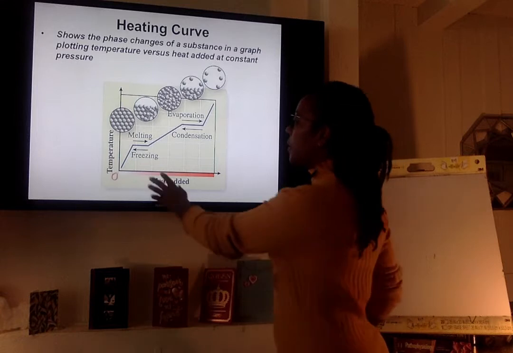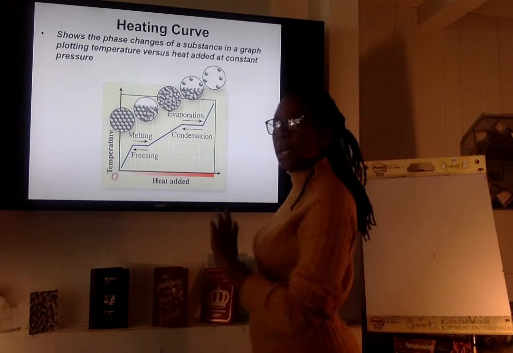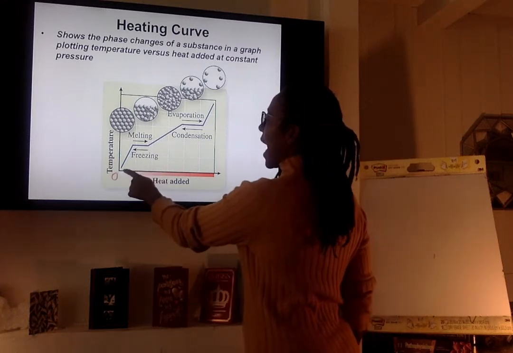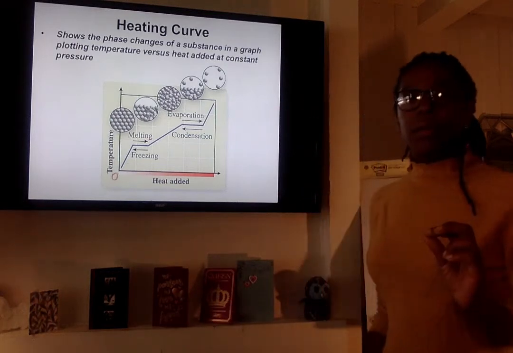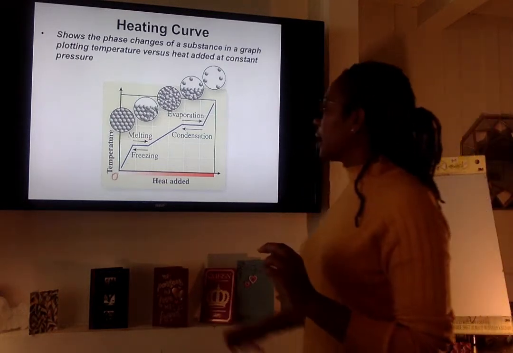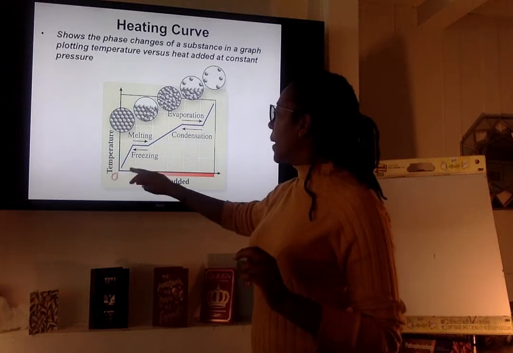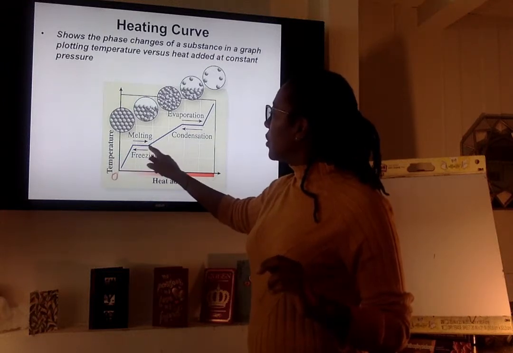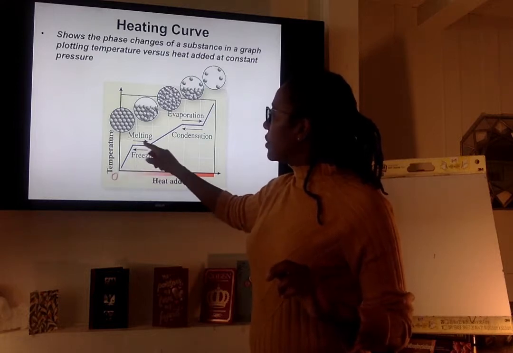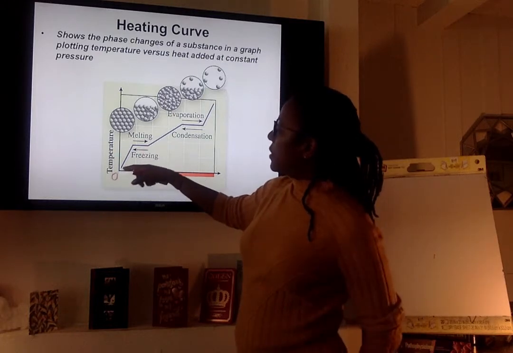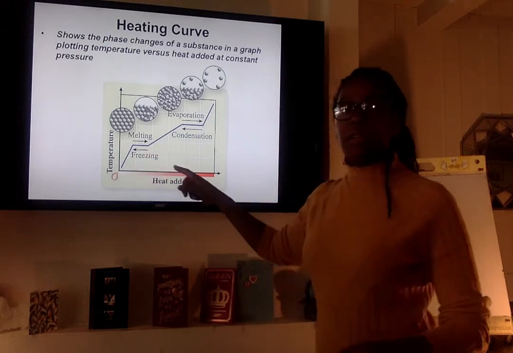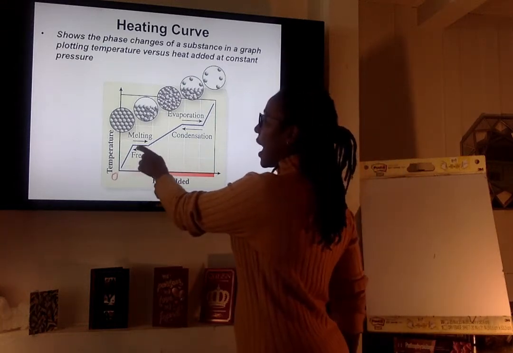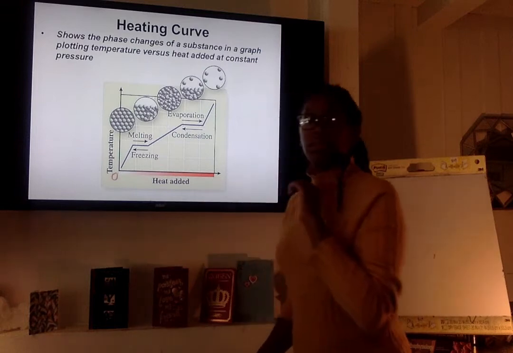So that's what you want to look at, and that's kind of what I was talking about earlier, that as you're going from a solid to a liquid, this is going to be increasing, right? So you have to add more heat until you get to that point.